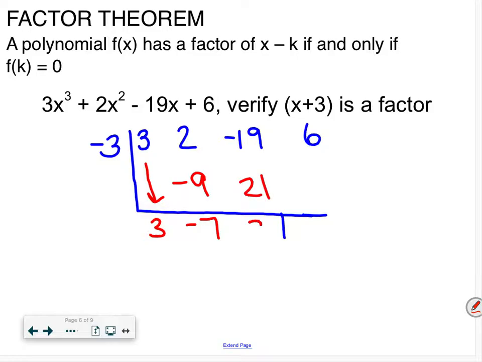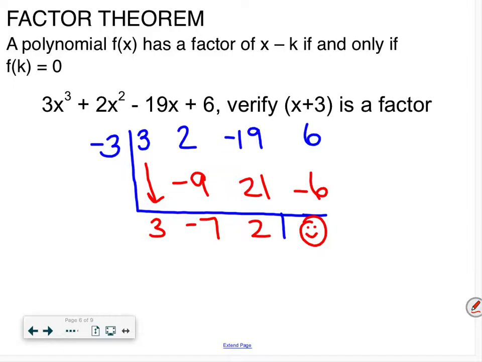Is it going to work? Woohoo! It's a factor. And you should be able to tell me, since the remainder is 0, x plus 3 divides evenly, therefore it is a factor.